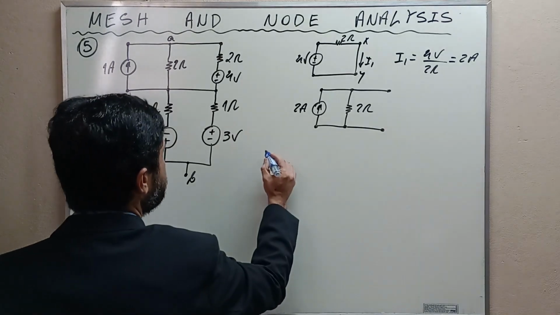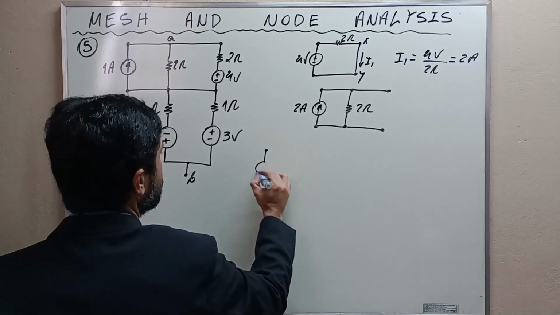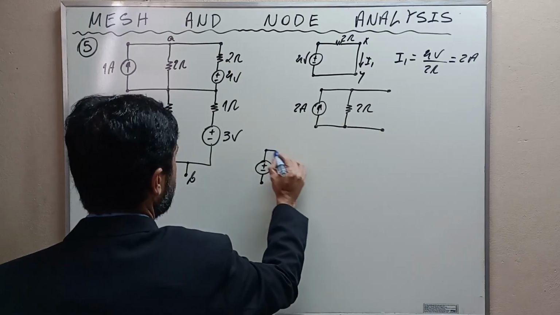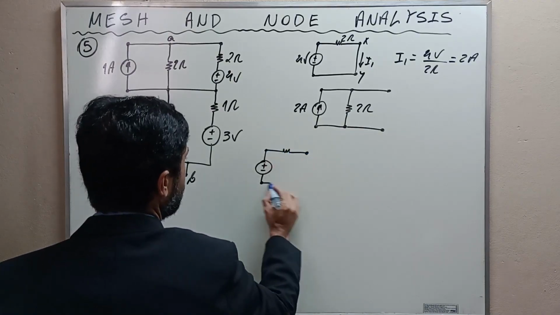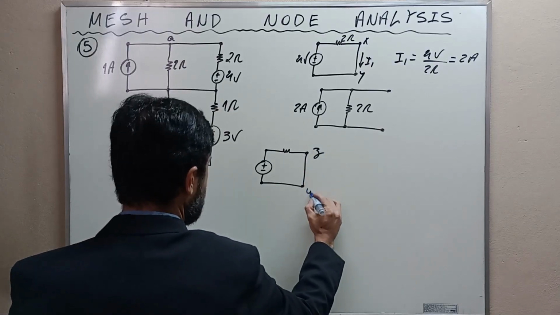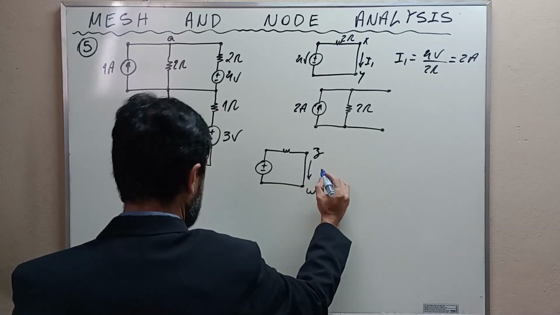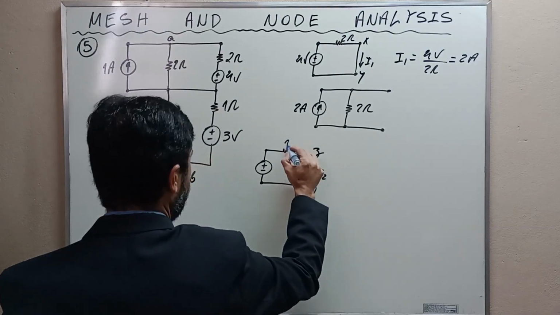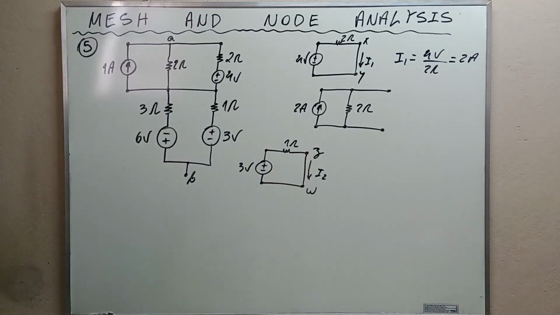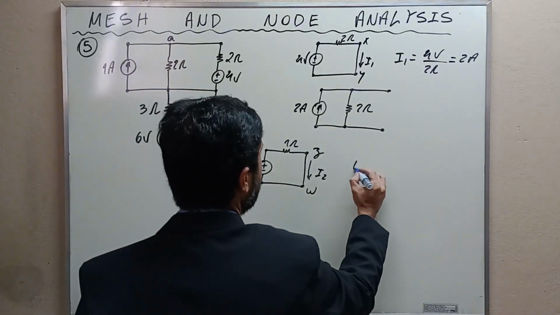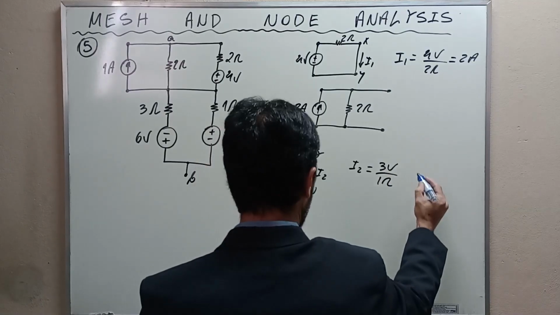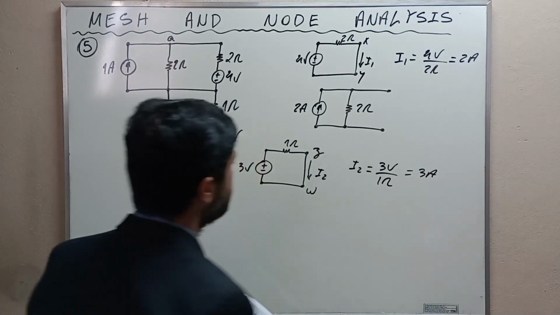It is going to be okay, and the value of I2 is equal to 3 volts over 1 ohm, and this is equal to 3 amps.